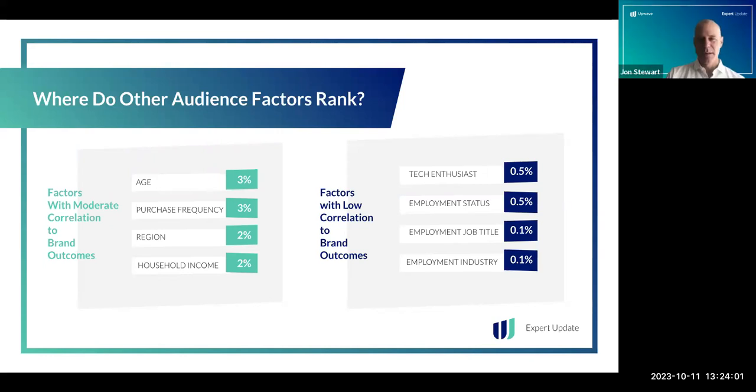I see. So I guess if some of these factors are not as prominent, then generally, as a rule of thumb, we're saying, if you targeted tech enthusiasts, even if you had a technology brand, it may not work. It might work for your brand, because this is a broad set of campaigns that we measured.